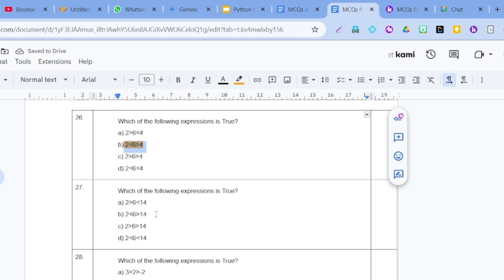Now concentrating on option D, 2 less than 6, yes, this is true, and 6 less than 14, this is also true, and that is why 2 less than 6 and 6 less than 14 is the correct option.